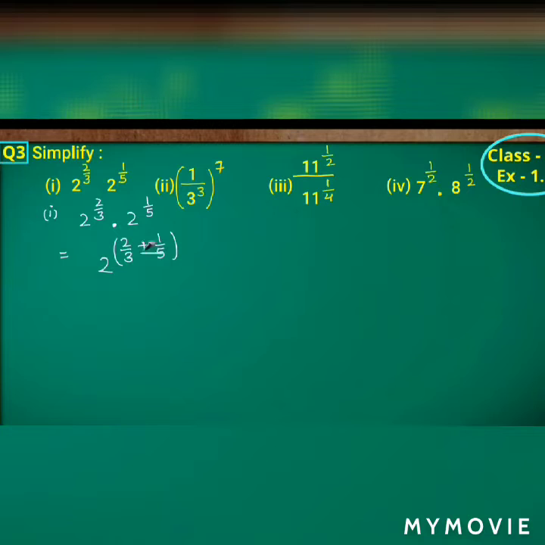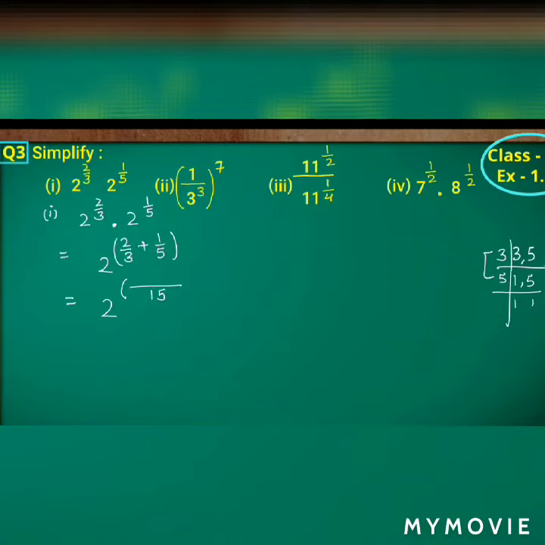Students, if you observe, we have unlike fractions here. We have to convert them to like fractions, or else we can go for cross multiplication, 2 into 5, or you can go for the LCM method here. The LCM of 3 and 5 is 15, isn't it? So we have to keep them as like fractions. So 15 is the LCM.